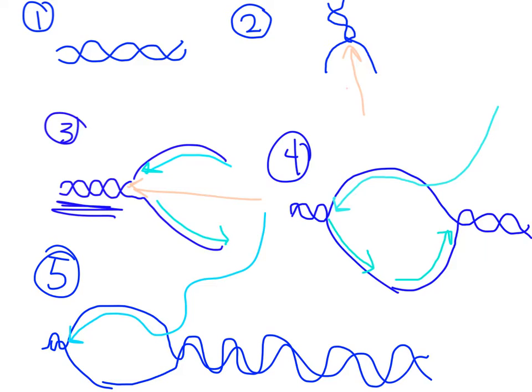Whereas over here, we've got our chunks on our lagging strand where we have to keep coming back in and starting over. Does this make sense? Do you understand now why we have a leading strand and a lagging strand?